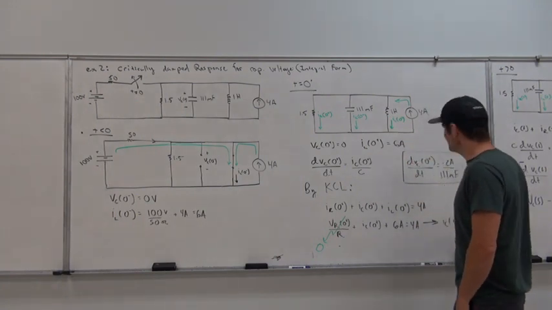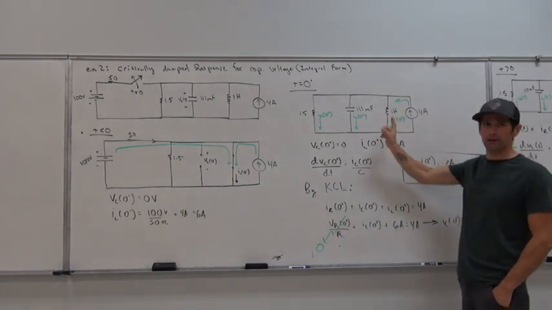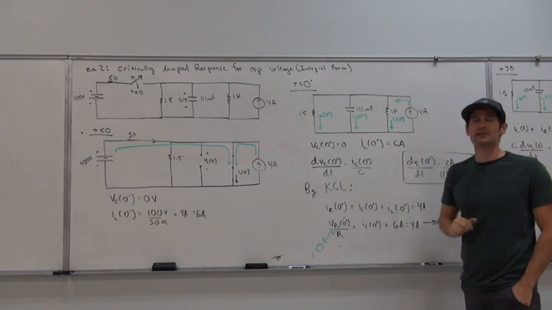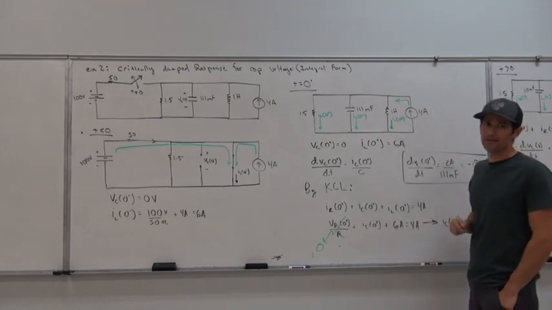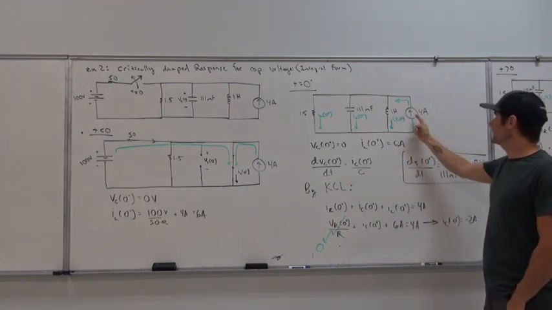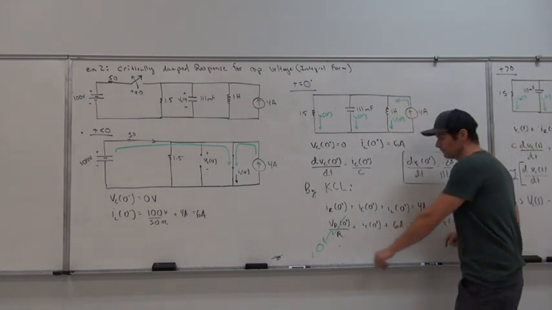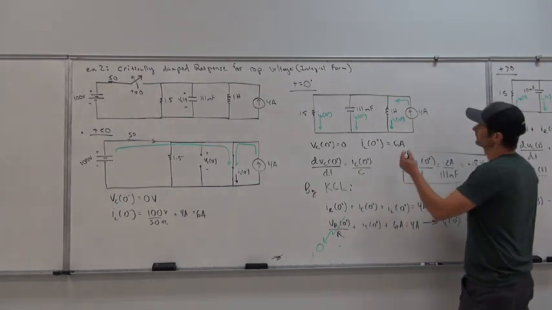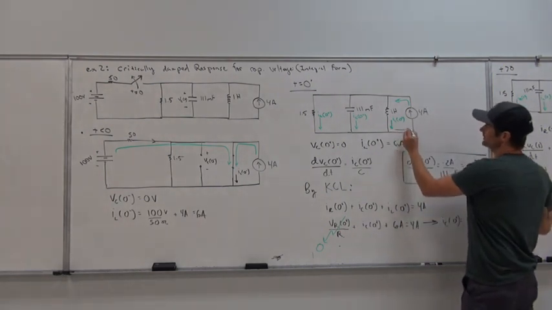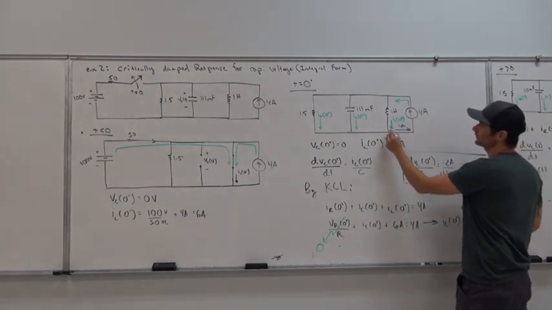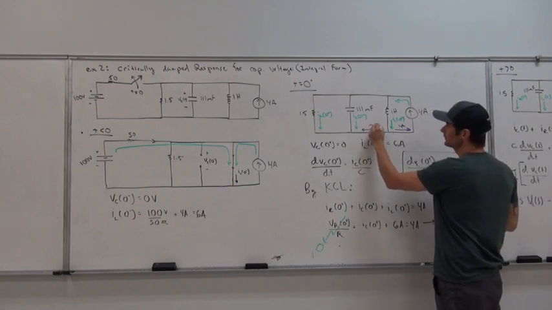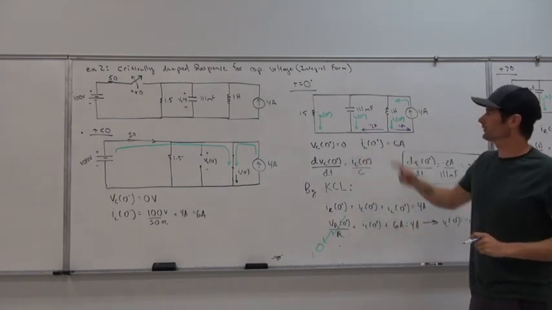So what's really happening here, that current through the inductor cannot instantaneously change. And that has to stay 6 amps. So we still got 4 amps that's coming in and going through there, but once it gets down to the bottom right here, 4 amps cycles back to the 4 amp source, and then 2 amps actually goes back towards the capacitor.